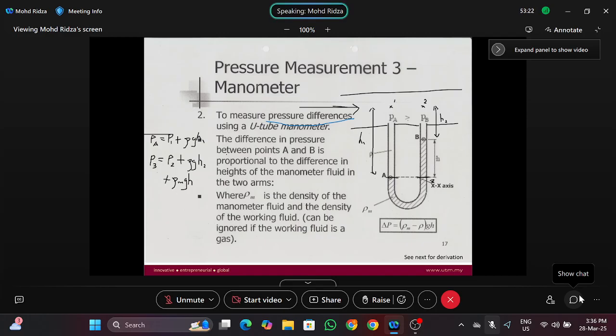Okay, now you already have the pressure equation for point A and for point 3. Right? You have the equation for point A and point 3 now. So up to this point, do you have any questions? Do you understand? If you need me to repeat, I can repeat.